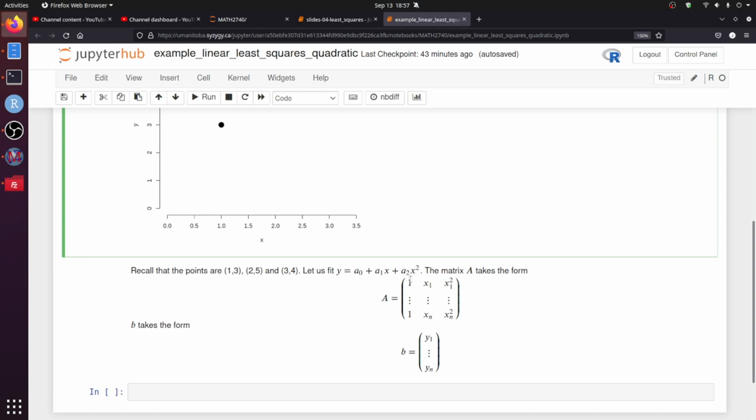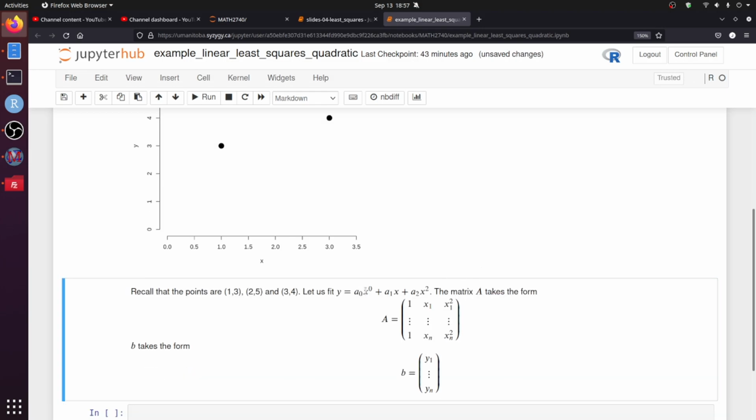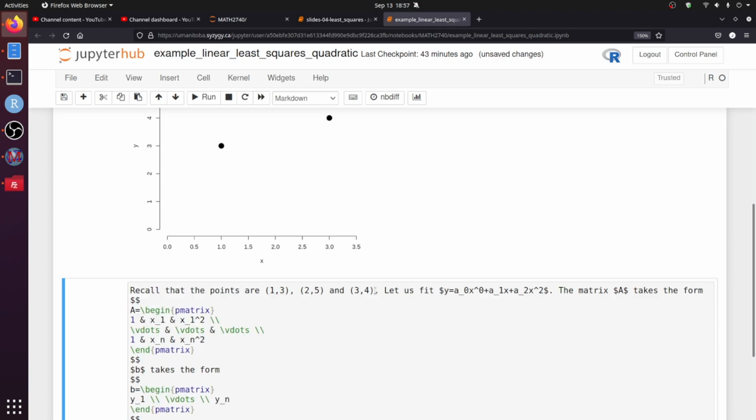So the first column is just 1s because x takes the power 0 in this equation. We could very much write it the following way, because x to the power 0 is 1. So all those coefficients are just 1 here.